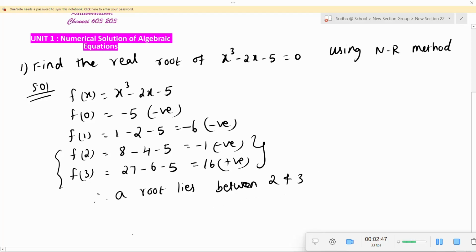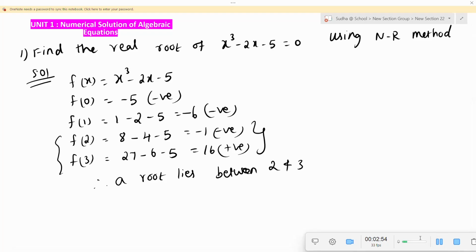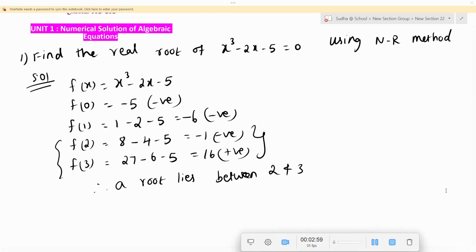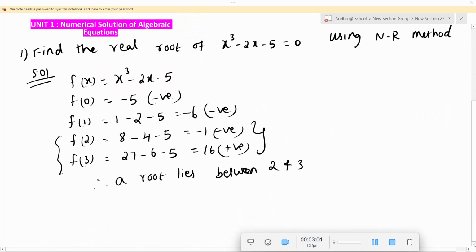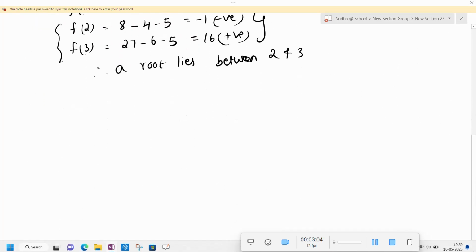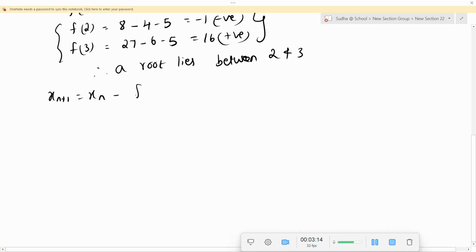So next, write the Newton-Raphson formula. The Newton-Raphson formula is x n plus 1 equal to x n minus f of x n divided by f dash of x n.